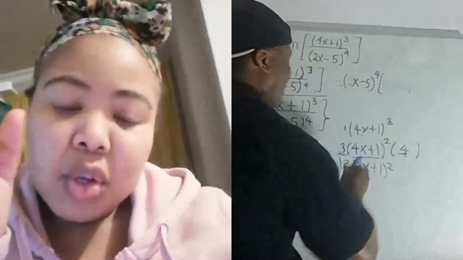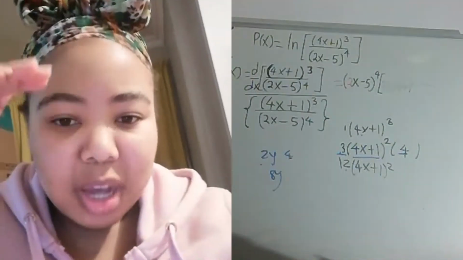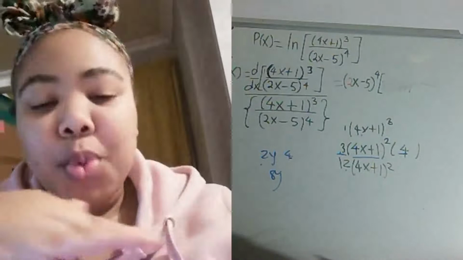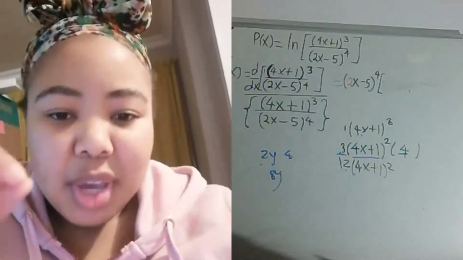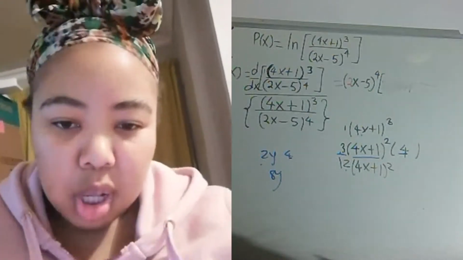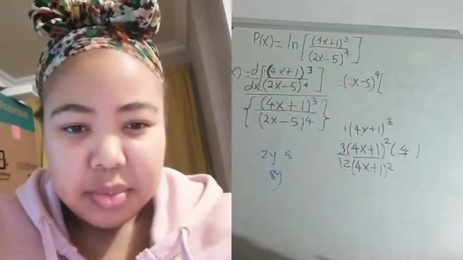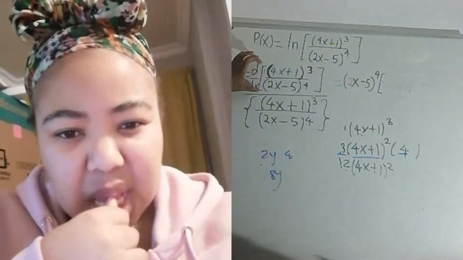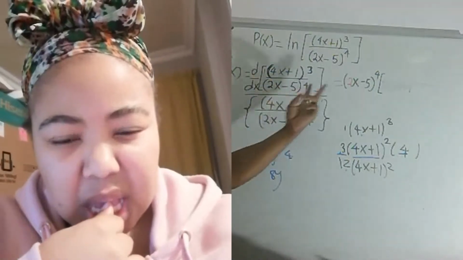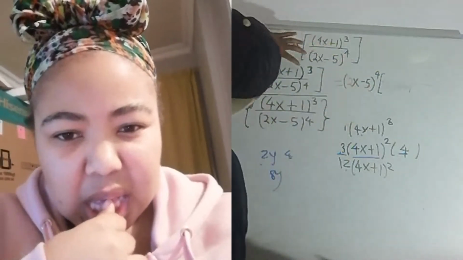So you drop it down first, and then you solve it in the middle, and whatever you get, you put it back to normal. Yes, because when we differentiate a quotient, we keep the denominator constant and differentiate the numerator.